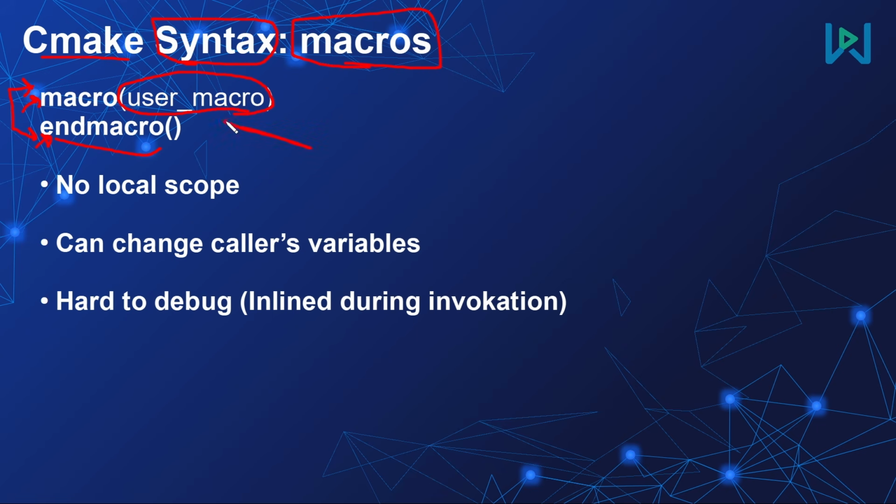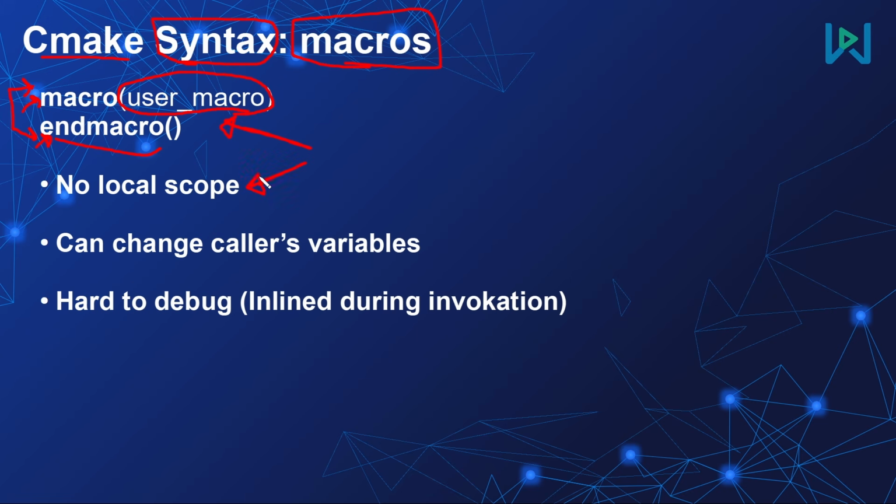The body of the macro can be anything, meaning it can contain, for instance, variable assignments as well as logging. Hence, you can create macros to log a specific set of messages, and then you can use these macros at any place within your CMake code.